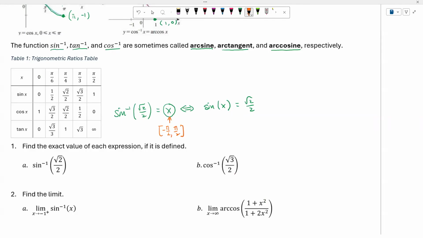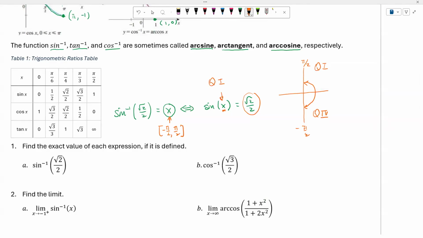So -pi over 2 to pi over 2 is in quadrant 1 or quadrant 4. Because this value is positive, the x must be in quadrant 1.